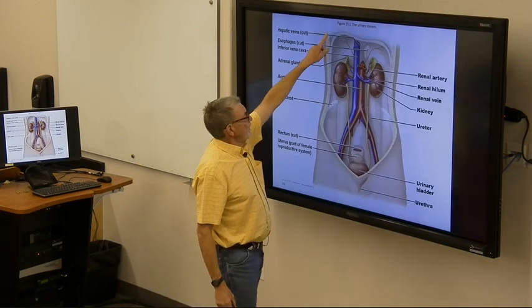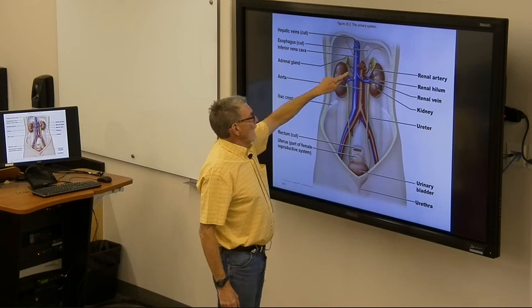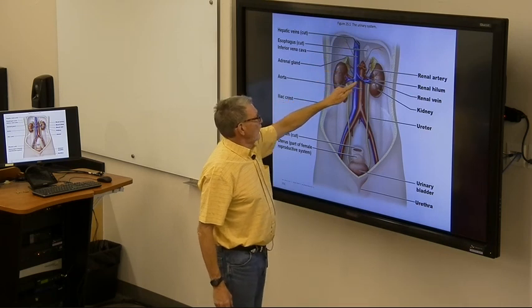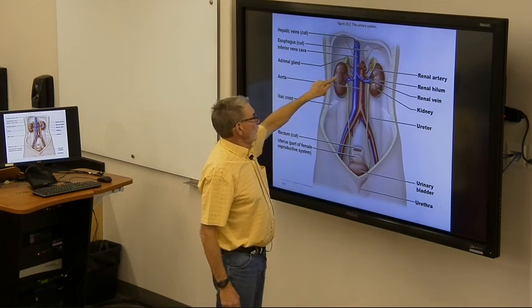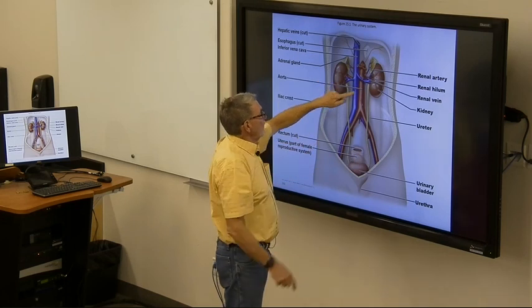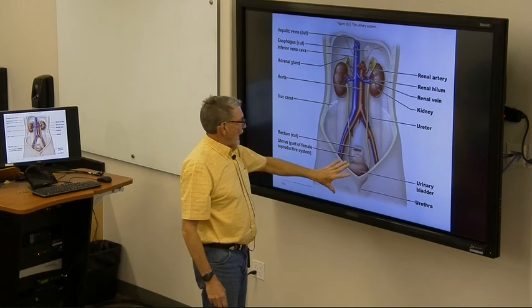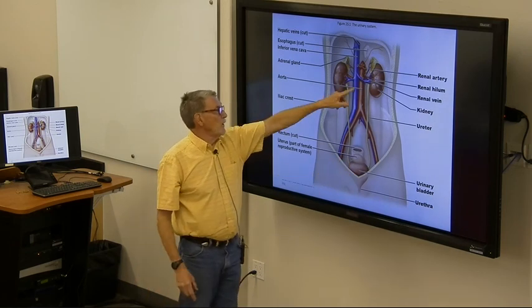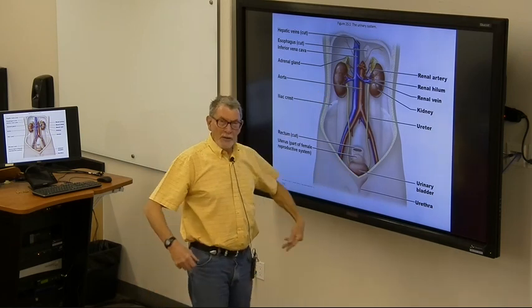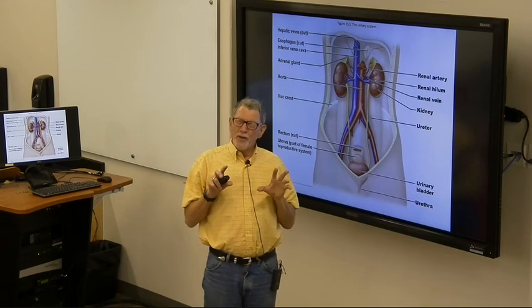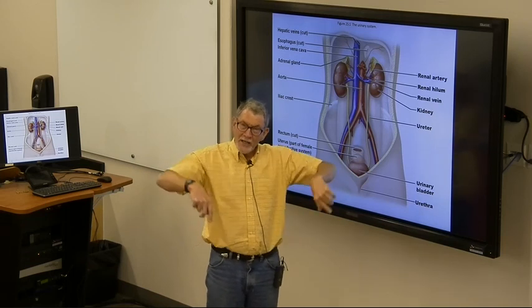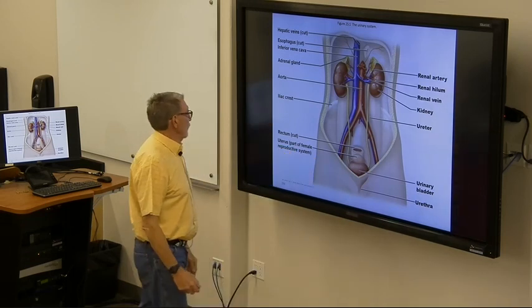Here we have the abdominal aorta coming down, the renal arteries, renal veins coming back, the ureters going down to the bladder. The bladder is in the pelvic cavity. The kidneys are in the abdominal cavity, but they're on the very back behind the peritoneum. They're retroperitoneal.